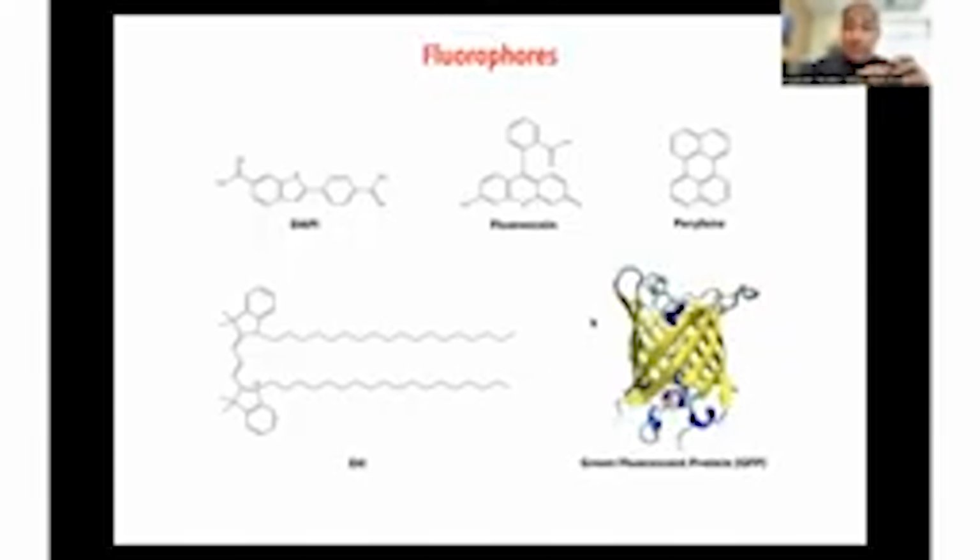As I said earlier, there are fluorophores, which are fluorescent and allow you to see things inside the cell. There are many different dyes, which could be just chemical compounds. There are proteins like the green fluorescent protein, right, that you may hear more about in the future as well, which can be used to tag a protein.